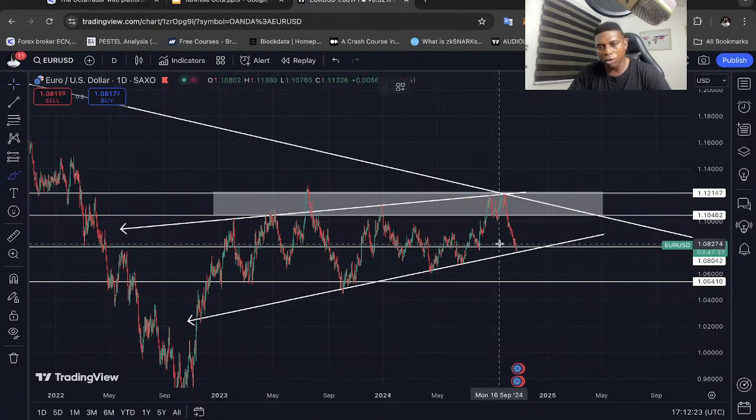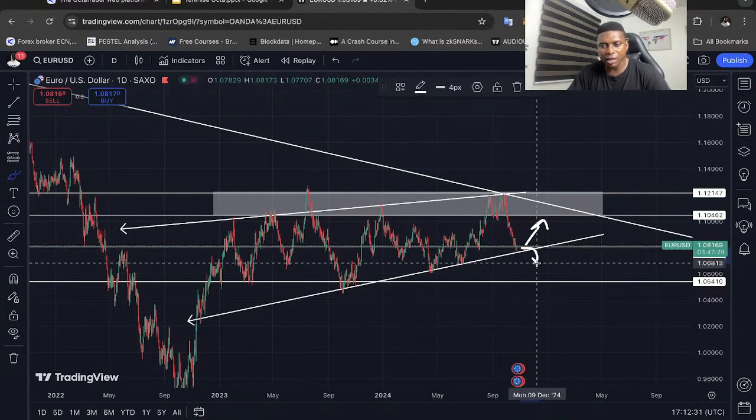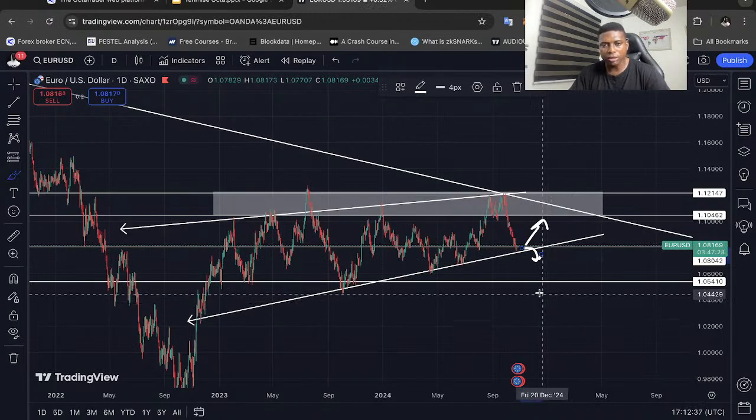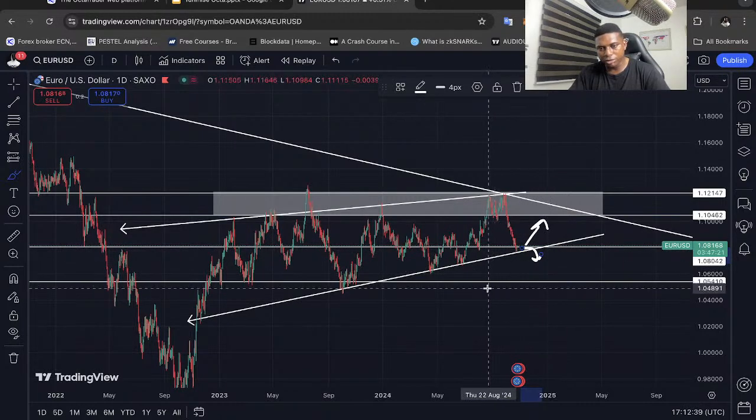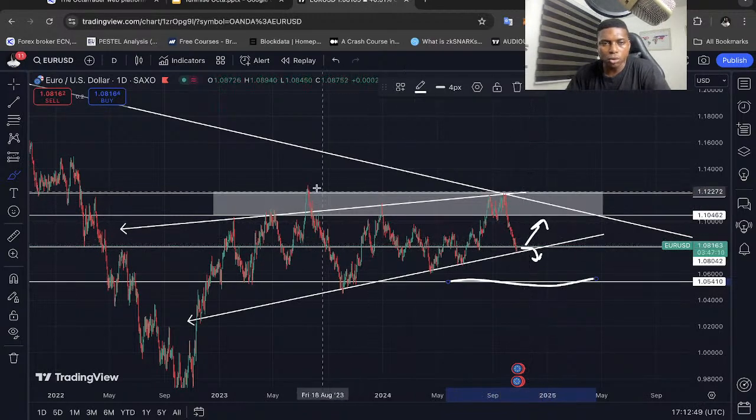One of which is a bounce to the upside from this level, or a rally and a breakout downwards that will lead price to drop further. For the breakout downwards, the next target line is 1.054, because that's the next support level from this level.